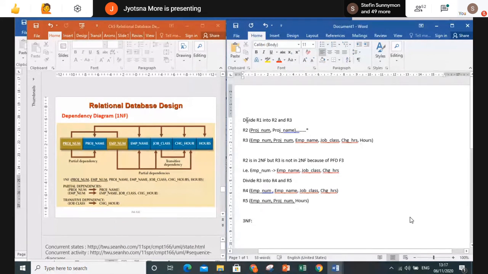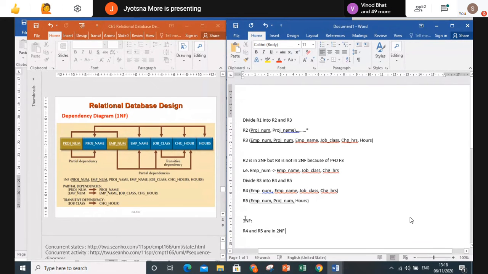Our final answers are now R2, R4 and R5. R2 is clear. So now we'll go ahead with this. So write down R4 and R5 are in 2NF.